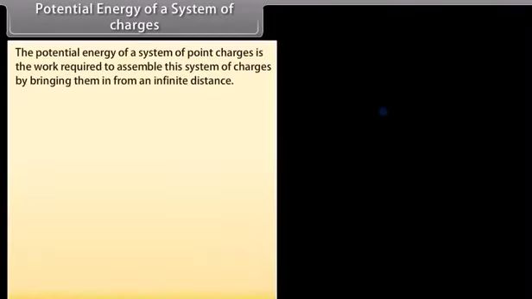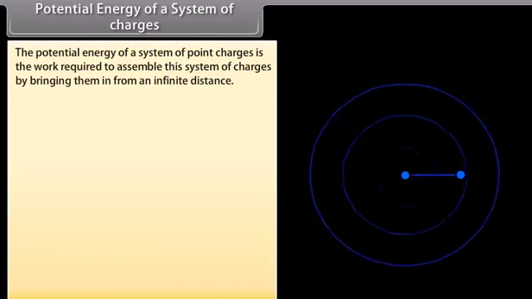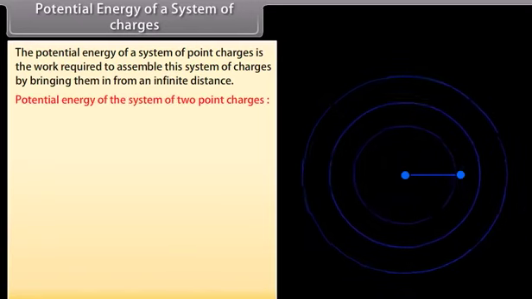Potential energy of a system of charges. The potential energy of a system of point charges is the work required to assemble this system of charges by bringing them in from an infinite distance. Potential energy of the system of 2-point charges.